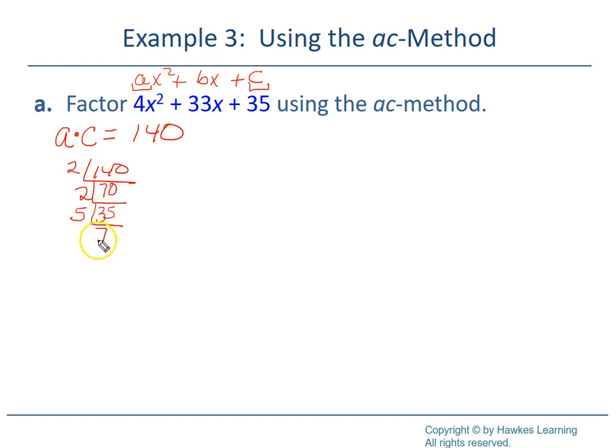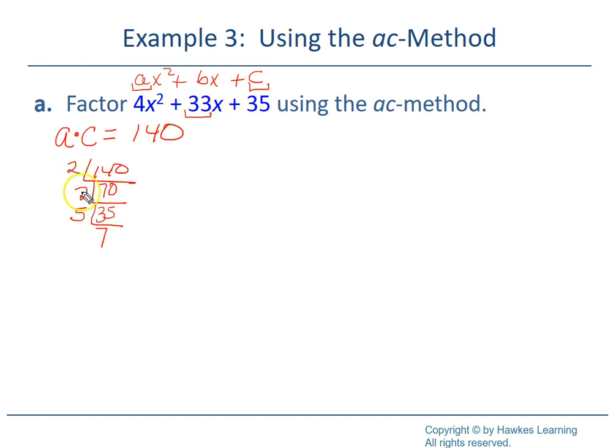And these are the prime factorizations of 140. Now we're looking to get a combination of these factors so that it adds up to our b term, which is 33.